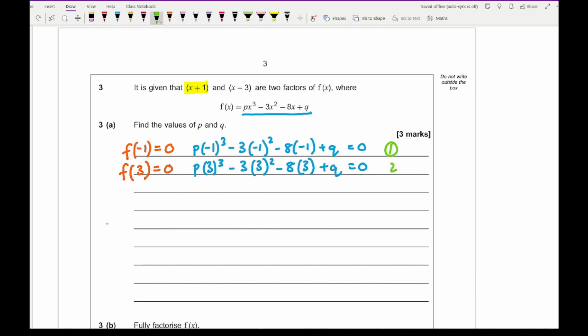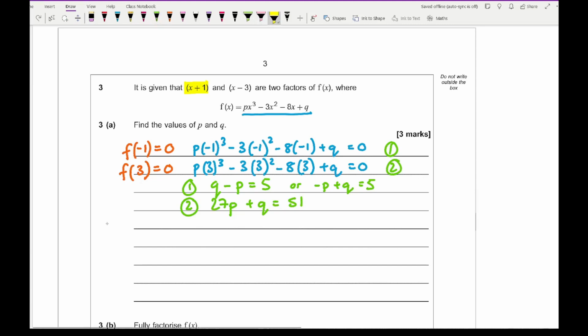if I just put this as a 1 and this is a 2, looking at number 1 we can see that that's going to be simplified to q minus p equals 5, or minus p plus q equals 5. And for 2, if I simplify all of that, I end up with 27p plus q equals 51.